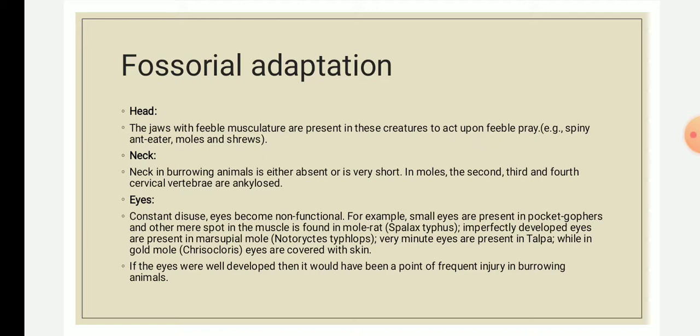In some forms, such as the monotremes and moles, it is completely absent, and the external ear tends to disappear, and hence would be a hindrance for burrowing animals. Okay.